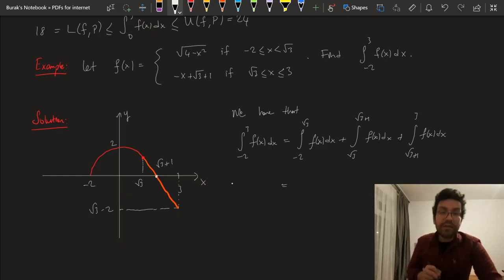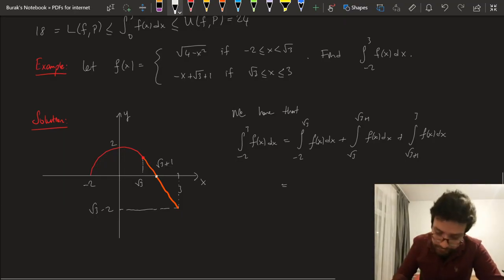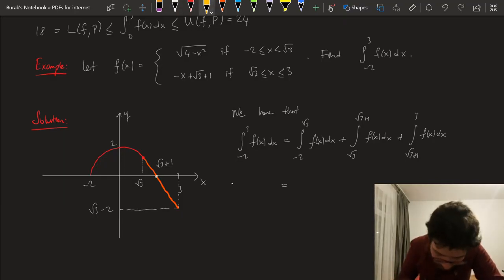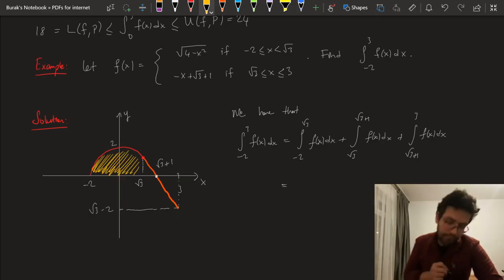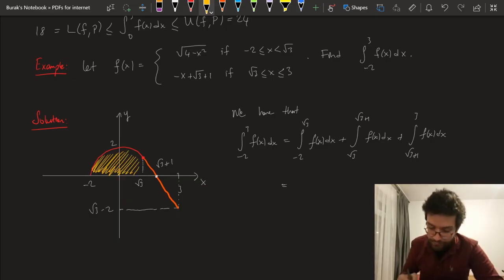And by the geometric interpretation of integral, the first integral will be the area of this region, okay? So I need to find that area.